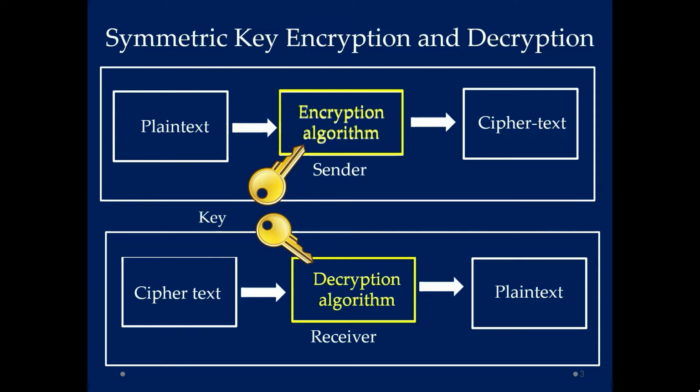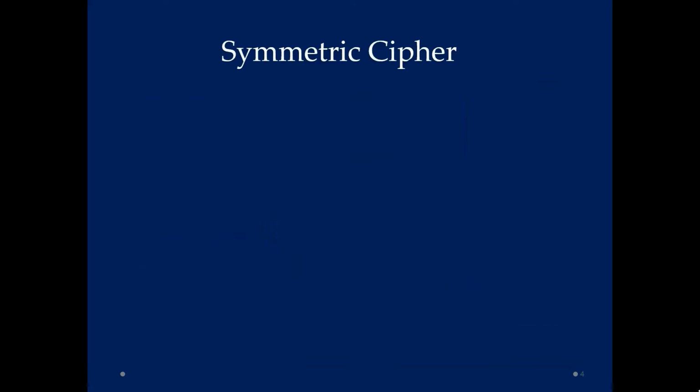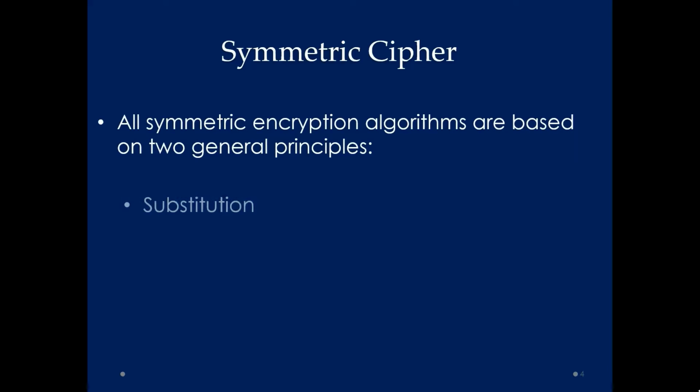Such algorithms are called symmetric key encryption and decryption algorithms. The basic building blocks of symmetric ciphers are substitution and transposition. Let us now have a look at the difference between the substitution and the transposition cipher.